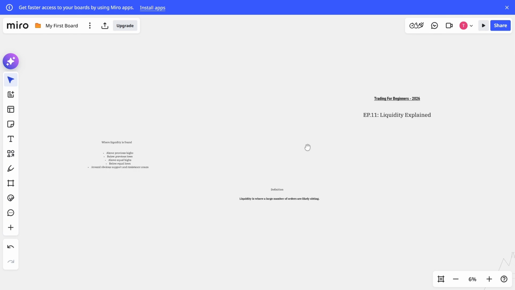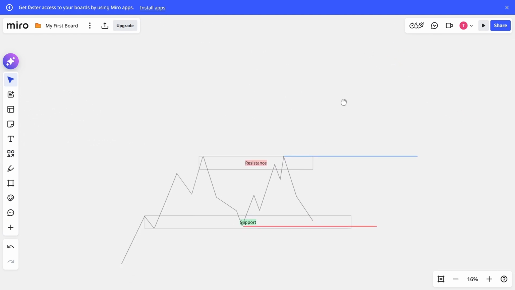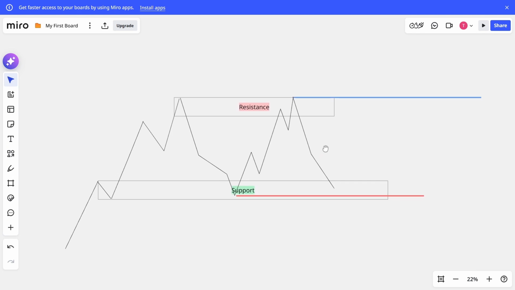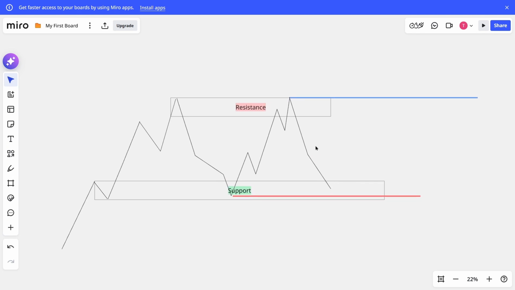Now, as our third part of this course, we will discuss the types of liquidity that we have and that we're interested in, through this presentation of a chart that we drew for the last two courses. We keep the same example.